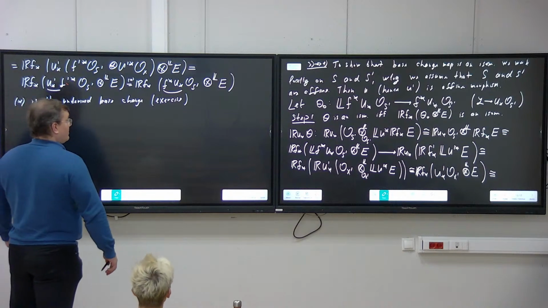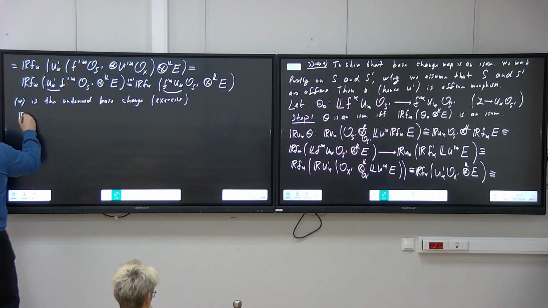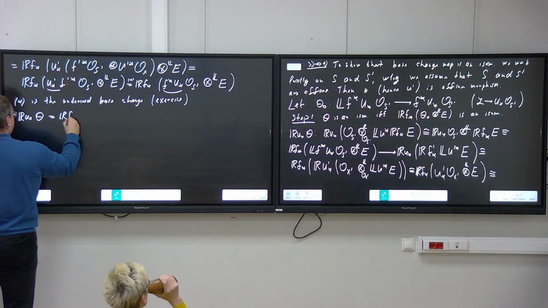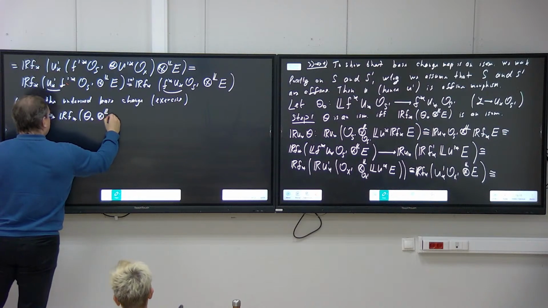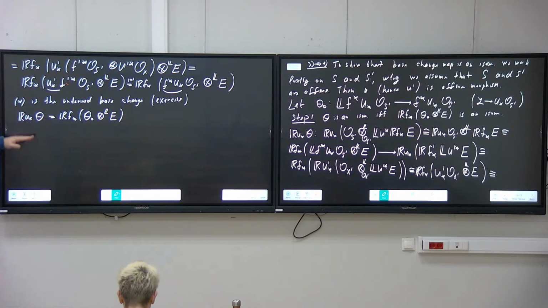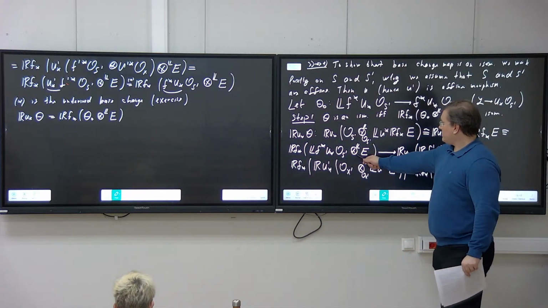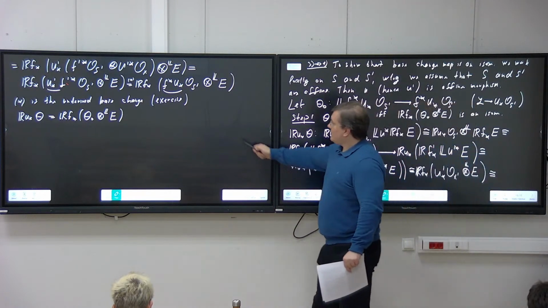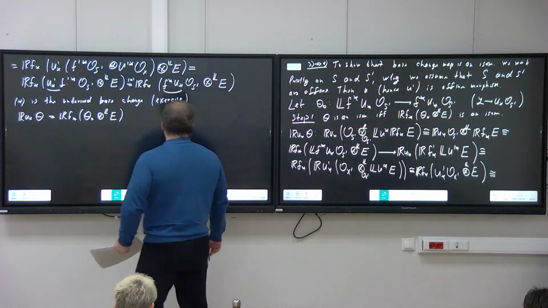What's the upshot of this computation? If you combine everything, the formula that we proved is that R u lower star applied to theta is equal to R f lower star applied to theta 0, derived tensor product with E. I was computing this morphism, and I noticed that I can reduce this morphism to this one, which is exactly theta 0 tensor product with E. And hence this is the end of the proof of step 1.